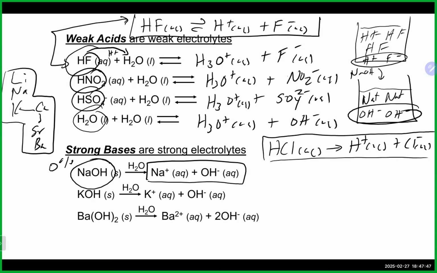What that's going to do is raise the amount of hydroxide. So as the hydroxide concentration goes up, the H+ concentration will go down, and the pH then will go up, right? Because you have more hydroxide. So you'll have a higher pH because of the amount of hydroxide that is present. Any questions on that there?